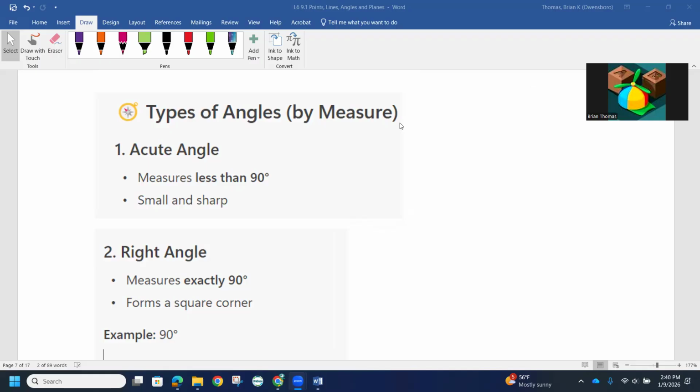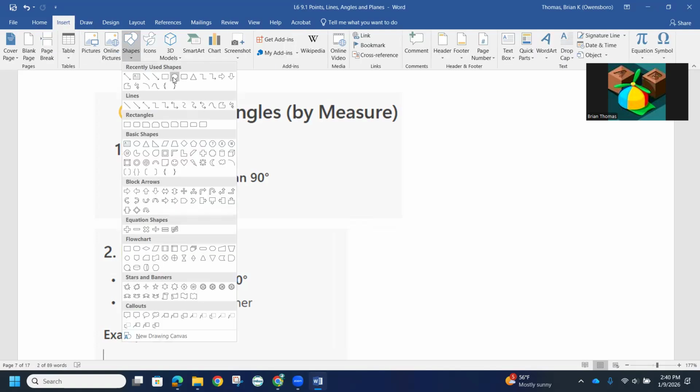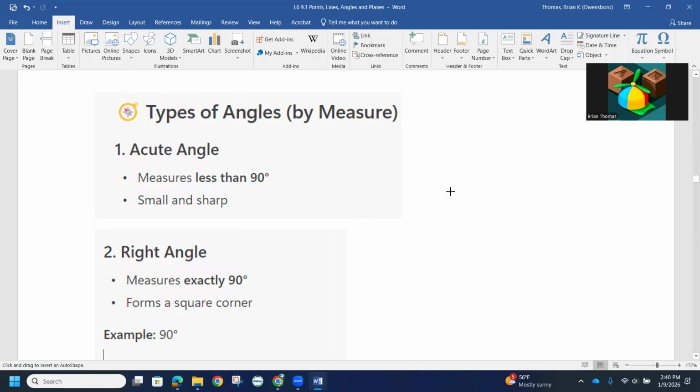Usually, when understanding things, I'll see if I can draw a circle here. So let me insert a circle on my thing here. That'll probably work.